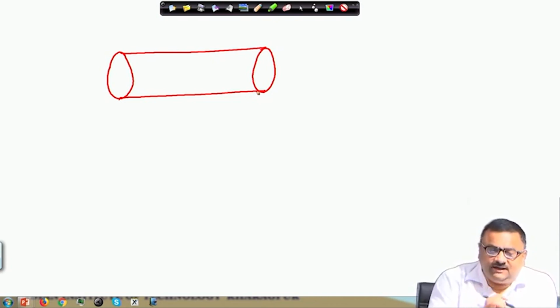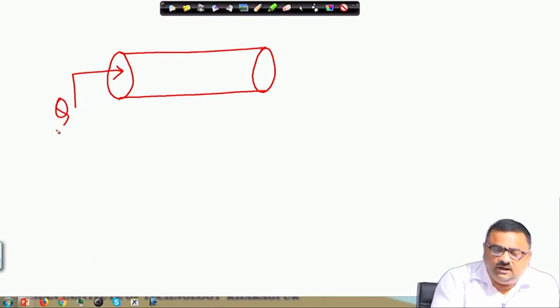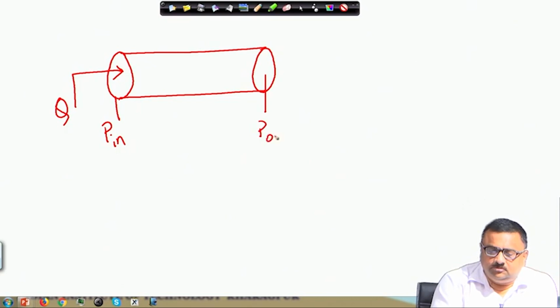What we did at that time is we said that I have a flow rate through this, which is Q, and I have a pressure drop across this length of the bed, which is P in and this is P out. So, we have delta P, which is the difference between these two pressures.